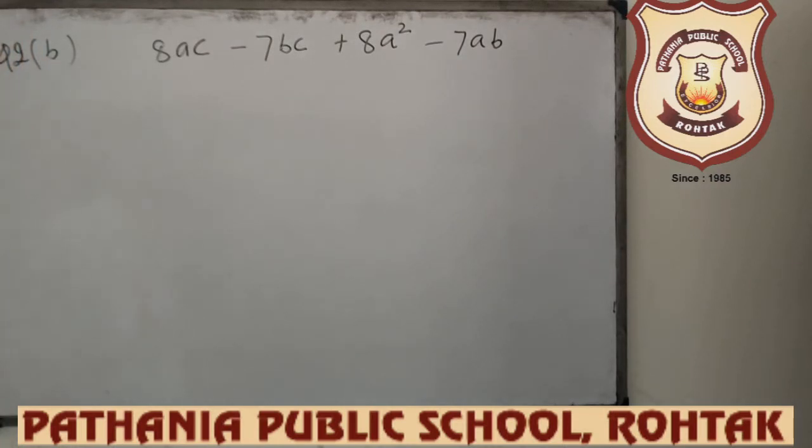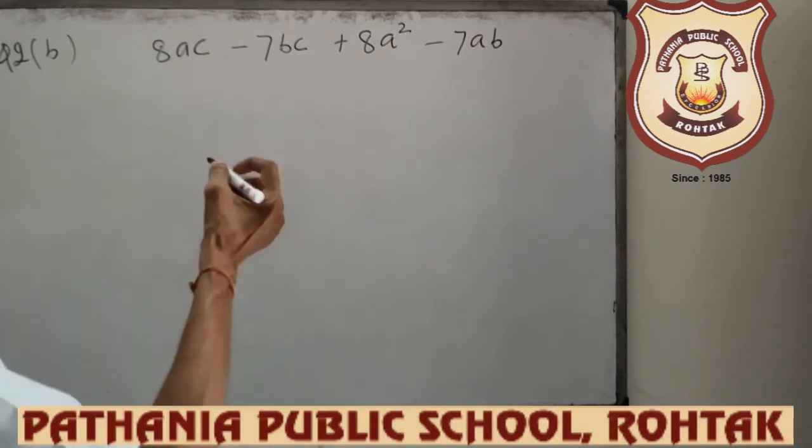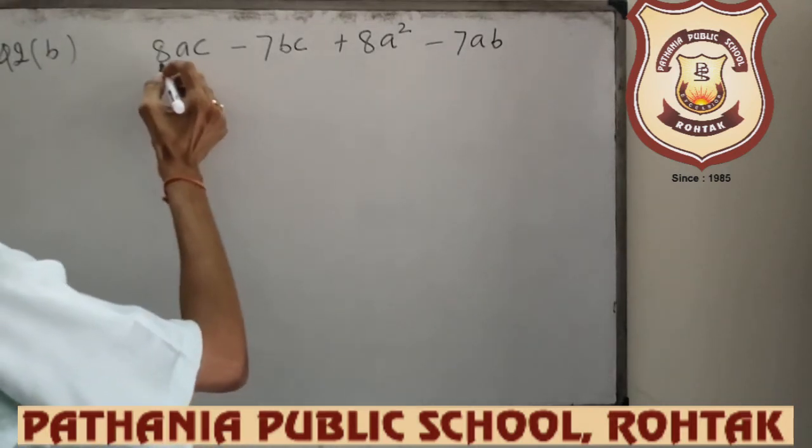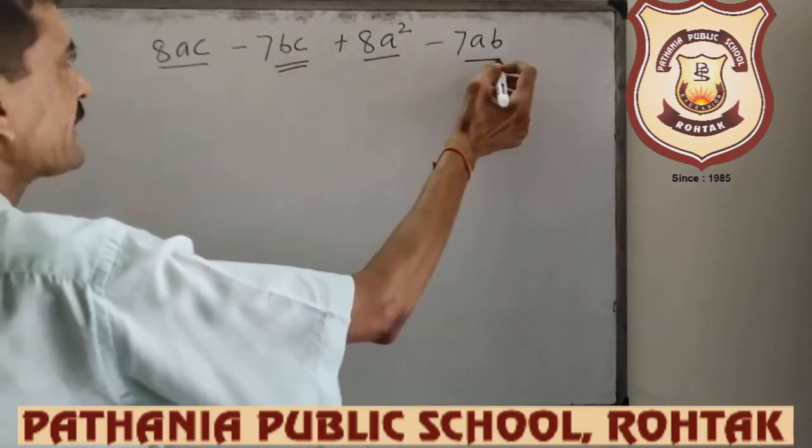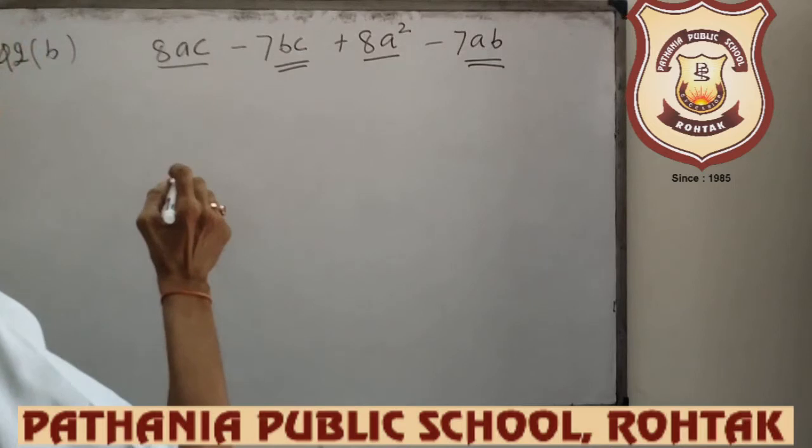According to given situation, or according to what we feel is convenient for us, we can regroup the terms. In this question we have to take the common, to write 8 with 8 and 7 with 7. It is better for us.